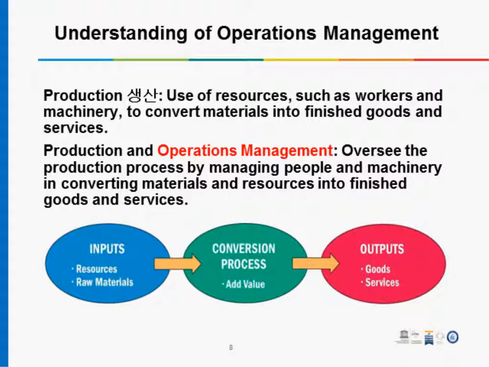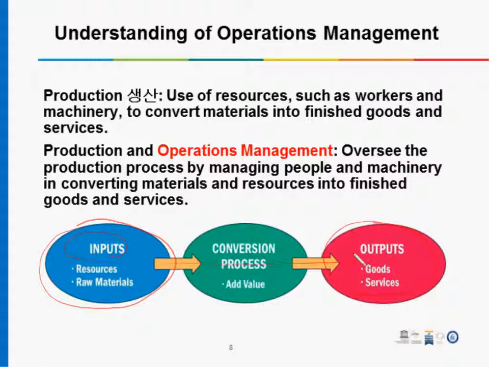The definition of operations management is the use of resources such as workers and machineries to convert materials into finished goods and services. So OM is a major core transformation process. Input is transformed into output. The output should be a value-added product. When you talk of value-added, it should be more valuable from the customer's point of view, not your point of view.